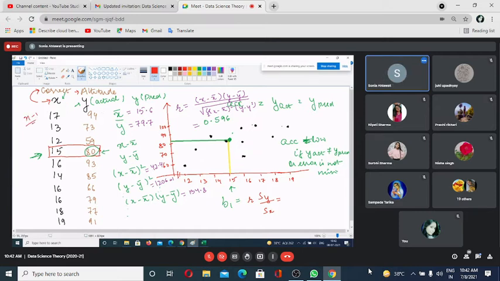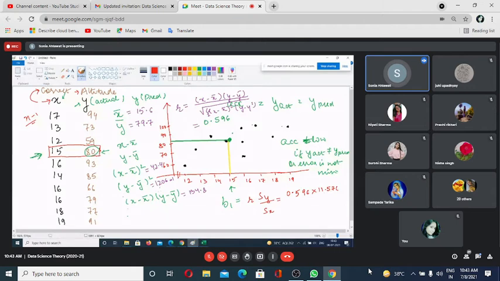I'm taking N minus 1. Perfect. So SY is nothing but under root of summation of (Y minus Y bar) whole square divided by N minus 1. So it will be equal to 0.596 multiplied by my value, which is coming out to be 11.576.